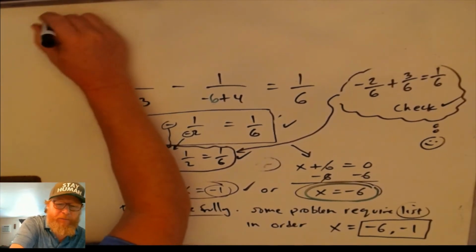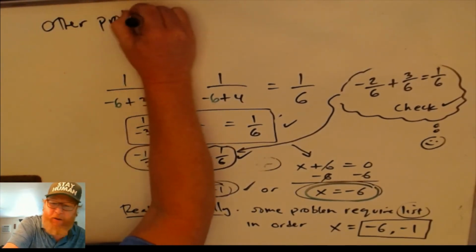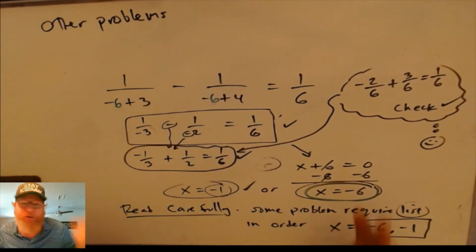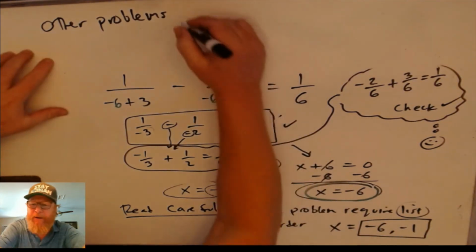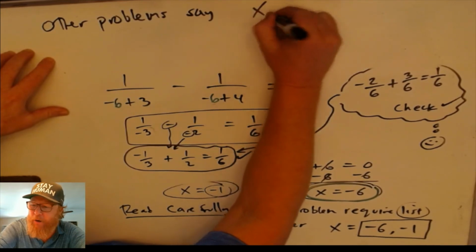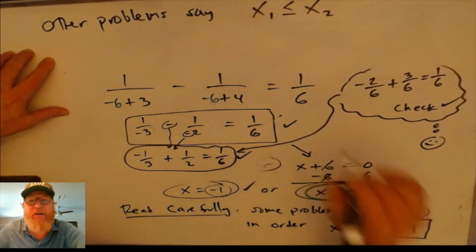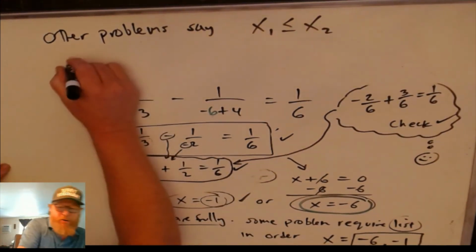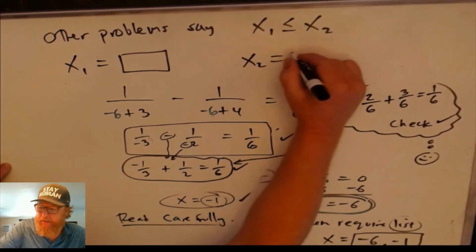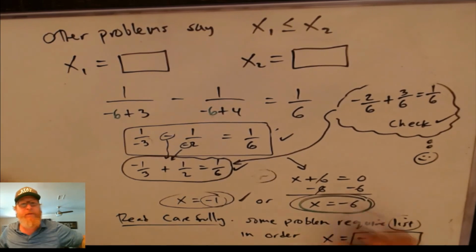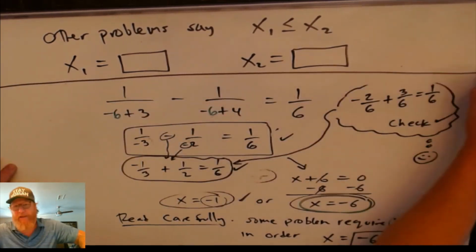Other problems, and I want you to read each problem. I intentionally don't make them have all the same instructions because you just get too comfortable that way. Other problems say x1 less than or equal to x2, and you get 2 different answer boxes like this.